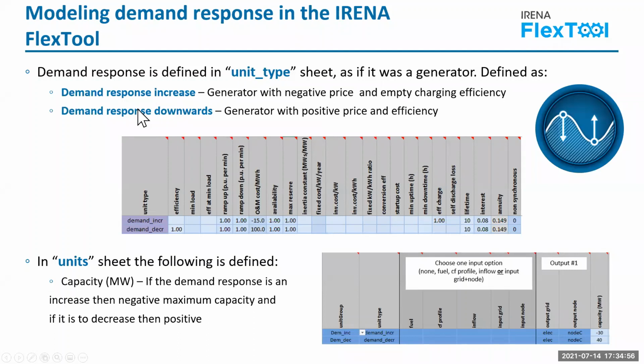And in case we want demand response downwards, we model a generator with a positive price and efficiency. And then in units, for demand increase, the capacity is negative. For demand decrease, the capacity is positive, because at the end it is like a generator.